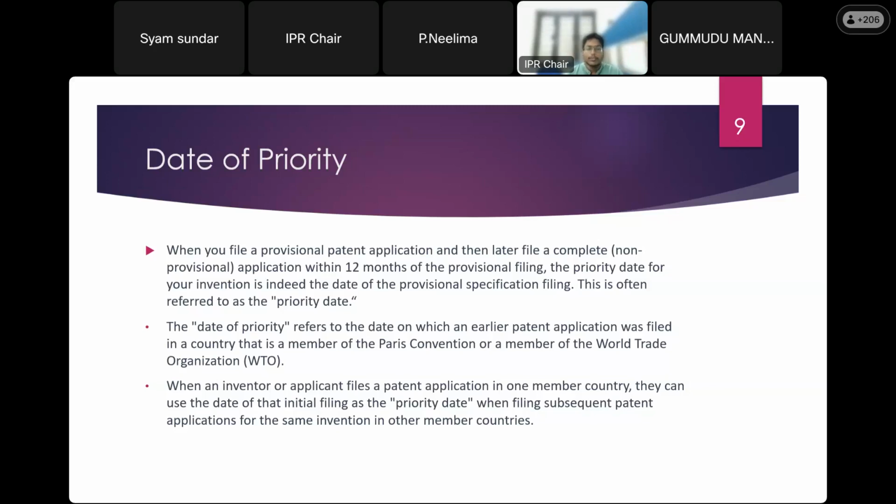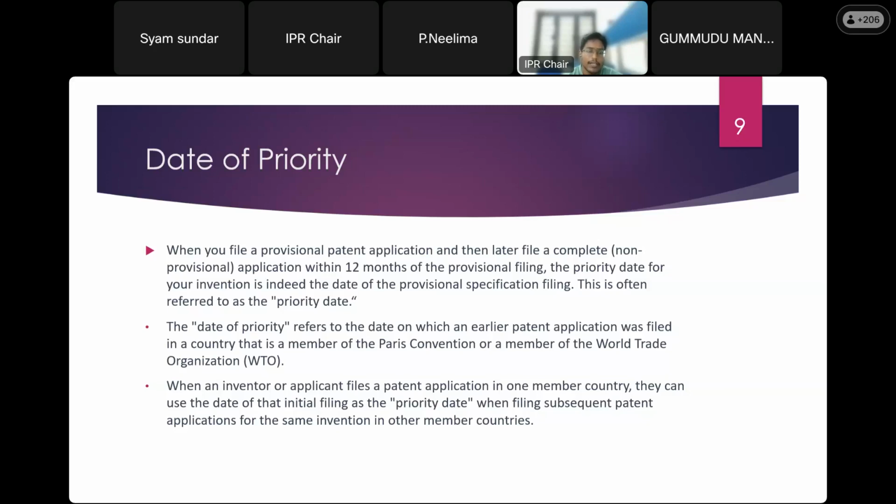So within 12 months, you have to file the complete specification, and also within 12 months from the provisional specification, you have to file in other countries where there is potential for your invention. For example, you think the UK also has some potential for the invention, whether product, process, or product by process.